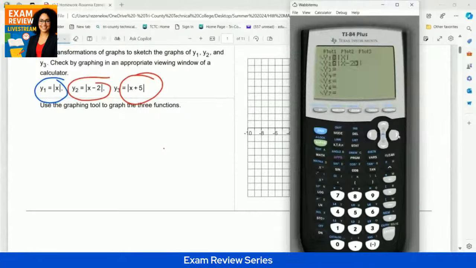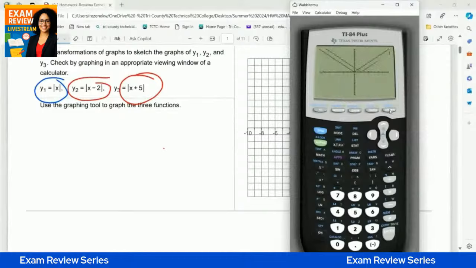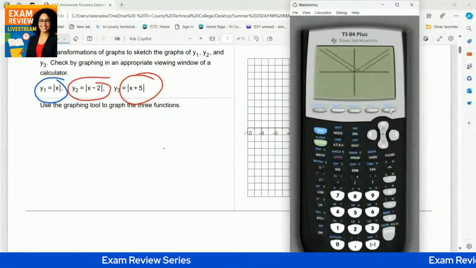And I'm going to graph both of them. See why I said it's a horizontal translation, because it's inside the main function. A horizontal translation, 2 units to the right.